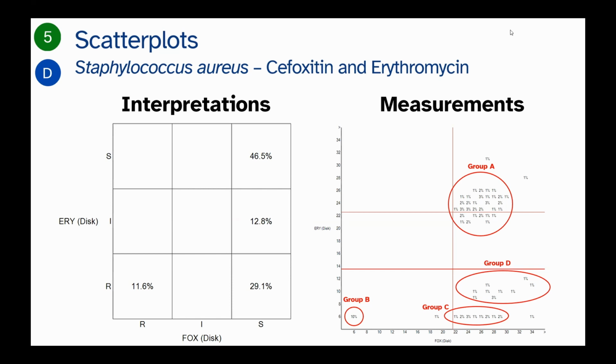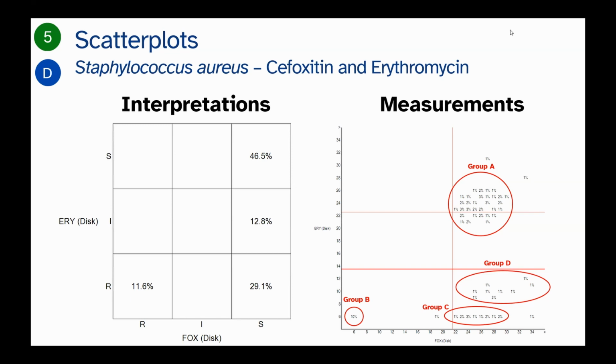Those would be MSSA, methicillin susceptible Staphylococcus aureus. In the top right, I see that 46.5% of the isolates are sensitive to both of these drugs. In the lower left, I see that approximately 12% are resistant to both of the drugs, and these are the MRSA.